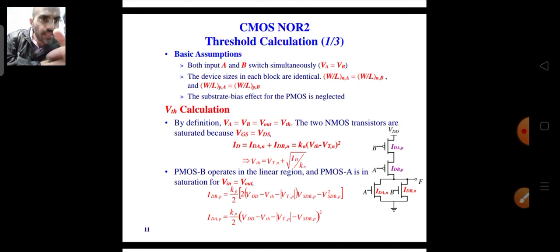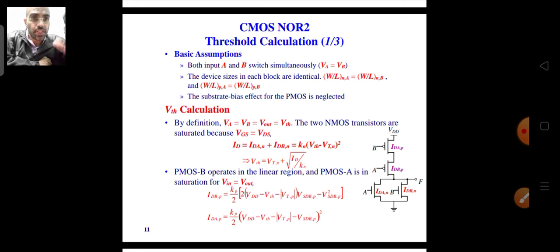We also assume the inputs are equal. So at threshold voltage, VA is equal to VB, which is equal to V out, because VA and VB equal V in. So VA equals VB equals V out, and all of these are equal to VDD by 2, or VTH.